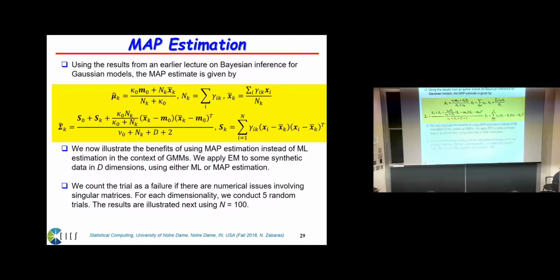Now the prior affects the mean of every cluster, and S_k is what we had computed before, S_k divided by N_k, but now there are some extra components. It looks very nice. If somebody tells you that you can do a MAP estimate simply by changing the formula and adding a few things, you say, I will take it.